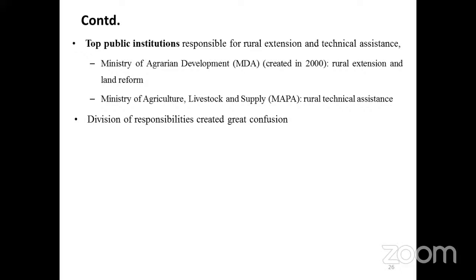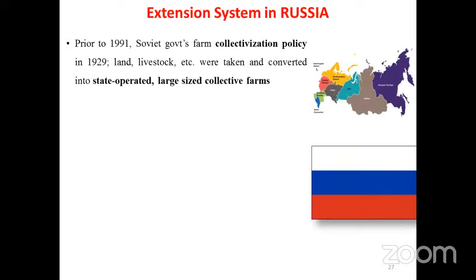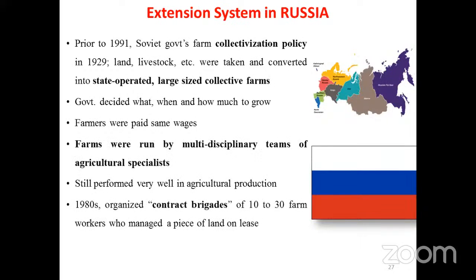So even we would get confused. And there is also a great confusion between the responsibilities of these two ministries. Because of that, the extension system is not working to its fullest potential there. Now moving on to Russia, again, it's a big state.